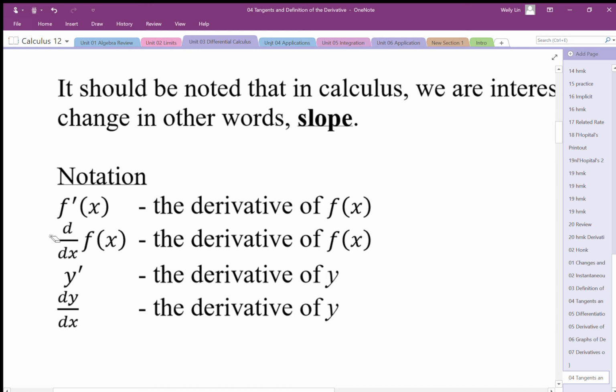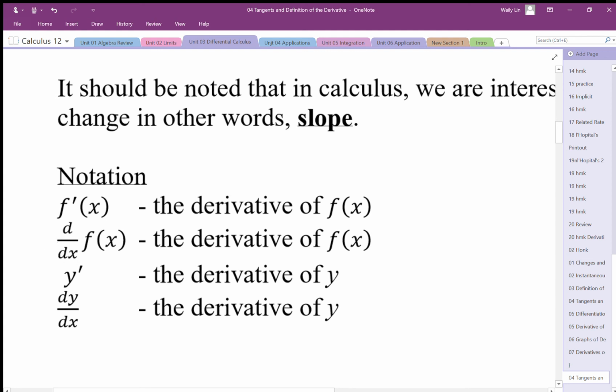So this is what was developed by Newton. There's another guy who developed calculus about the same time. His name was Leibniz, and he used this other notation here. This notation actually makes a little bit more sense because this essentially says d f of x, so change in f of x over change in x, or dx.